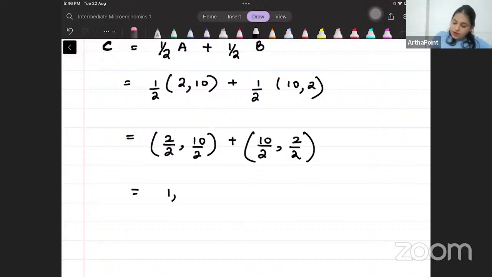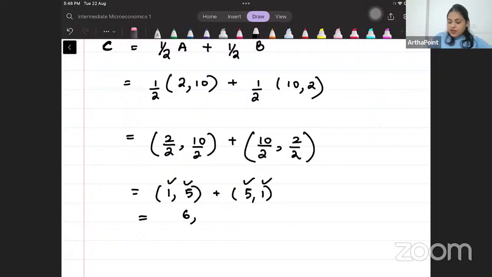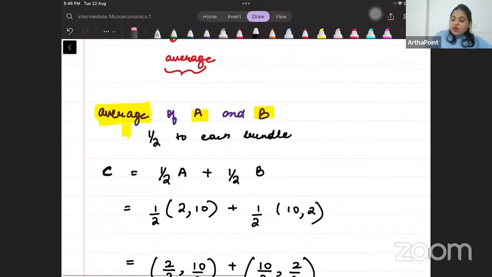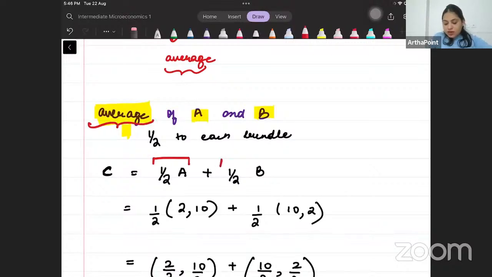This will be, beta, 1,5 plus 5,1. So 1 plus 5 is 6. 5 plus 1 is 6. This will be, beta, 6,6. So what is the meaning of average? क्या समझ में आया हमें? Average क्या है? When you give a weightage of half to each bundle, that is called average.